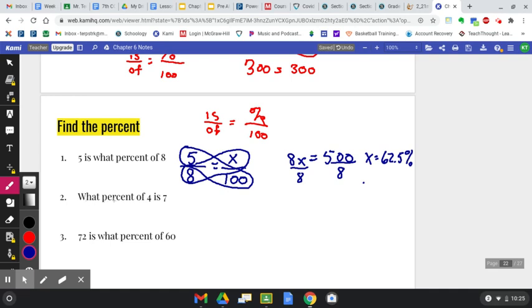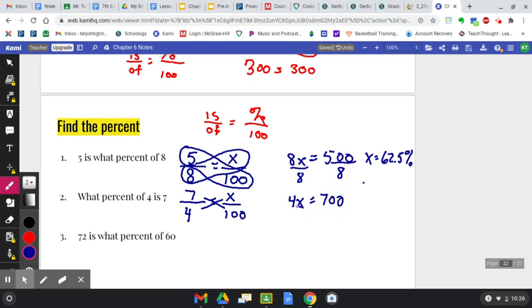Here it says what percent of 4 is 7? So of is 4, is is 7, and we're looking for the percentage out of 100. If we cross multiply, 4 times x equals 7 times 100, which would be 700.